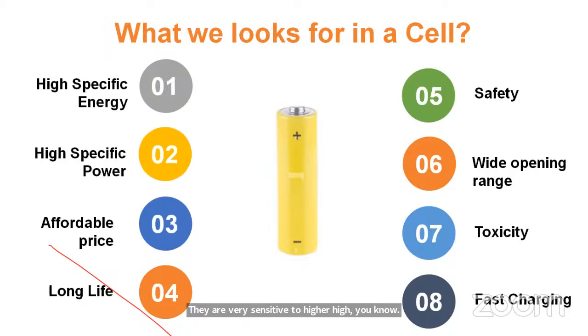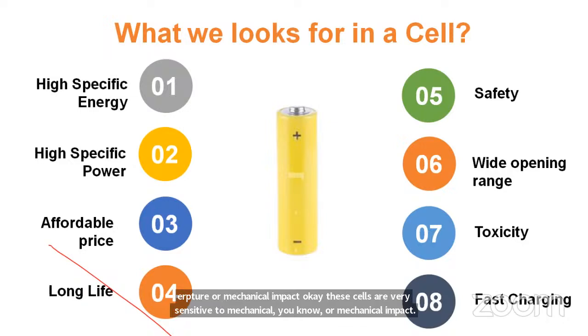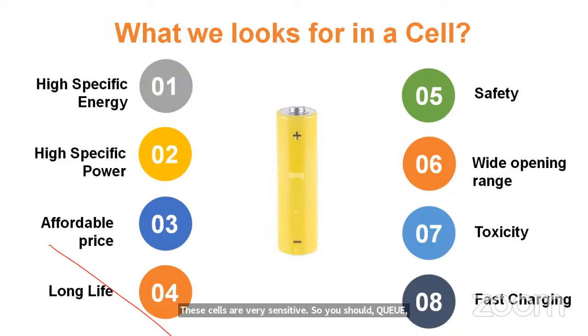They are very sensitive to mechanical rupture or mechanical impact. Okay, these cells are very sensitive. So you should choose a cell which is safe, which is not that sensitive. See, if there is a jerk, then it should not explode. It should not be like that, right? So you should choose very wisely in terms of safety as well.